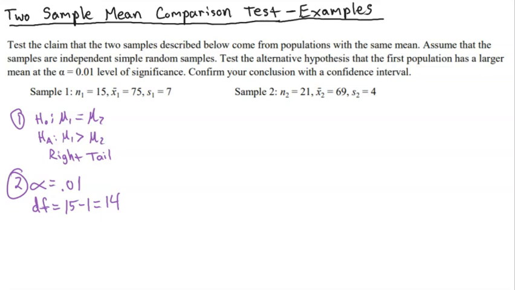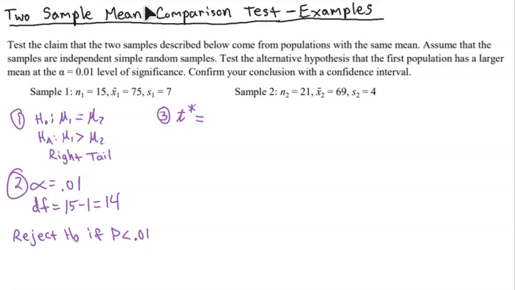Okay. And now we're going to say that we're going to reject H sub 0 if the p-value is less than the alpha, which is 0.01. Now, step 3, we're going to identify the critical t statistic for a right tail test based on an alpha of 0.01.